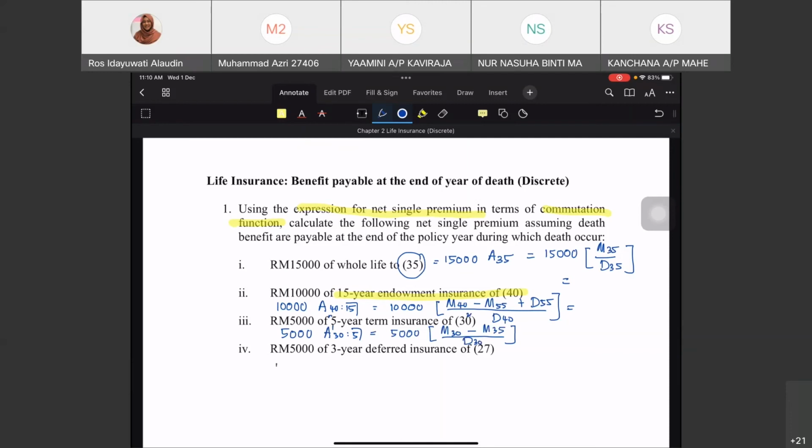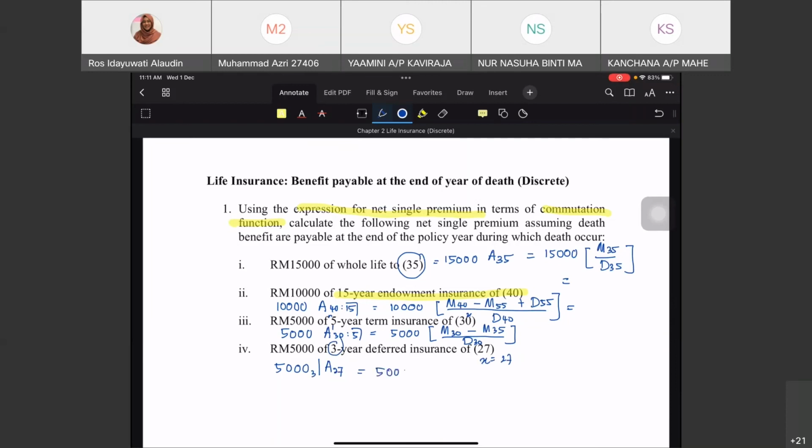And the last one is for the deferred insurance. So deferred insurance starts from age 27. A 3-year deferred insurance. But we don't have any years at the back, so we know that it is for whole life. Just leave it like that. So Mx plus n over Dx.